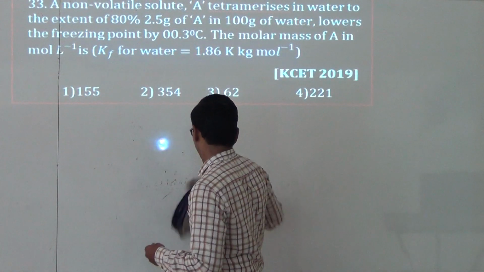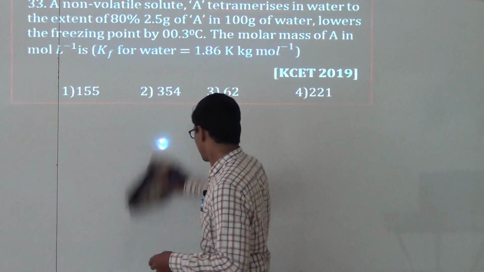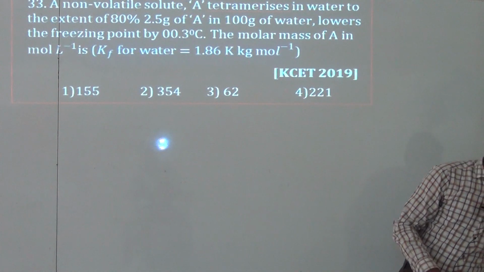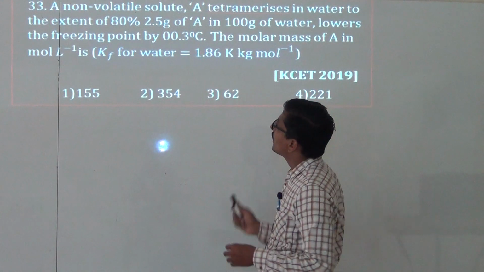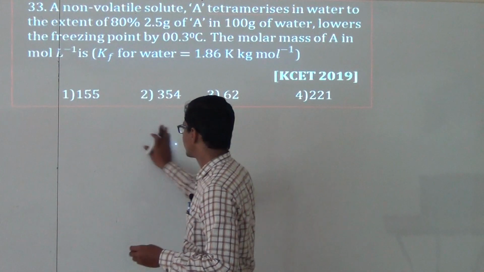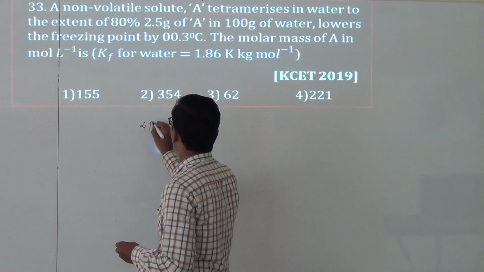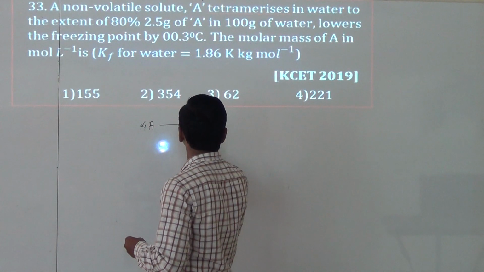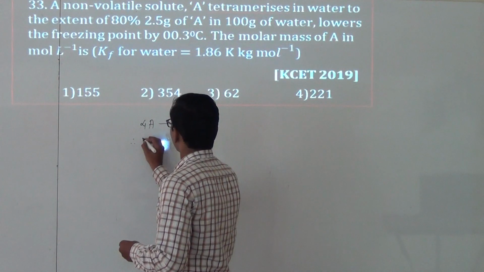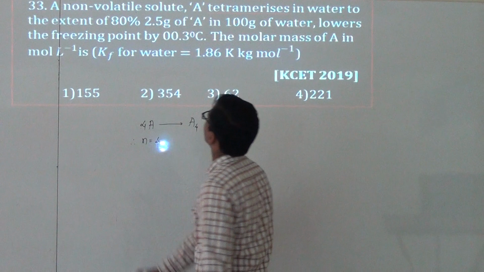Next question is, a non-volatile solute A tetramerizes. Tetramerizes means 4A associates into A4. Therefore, n is equal to 4.